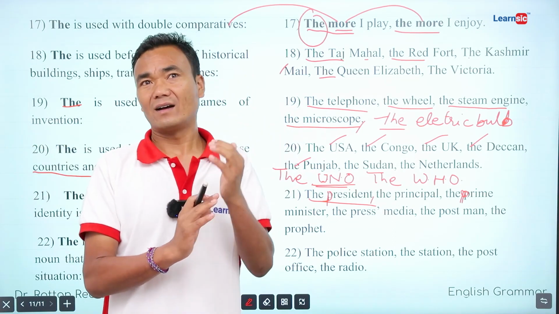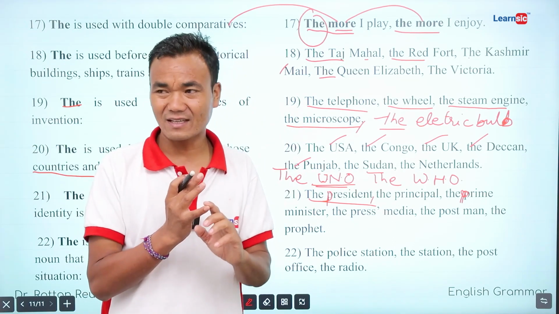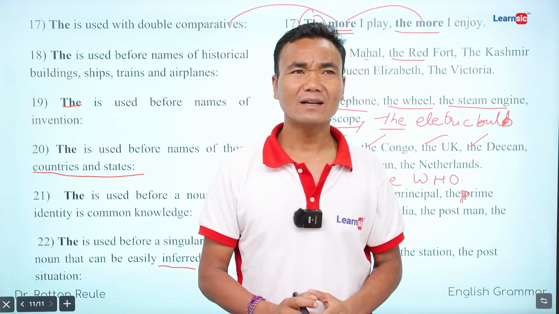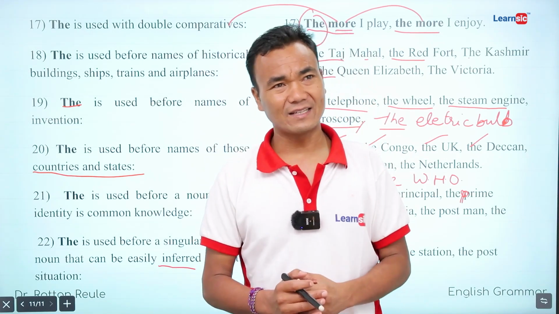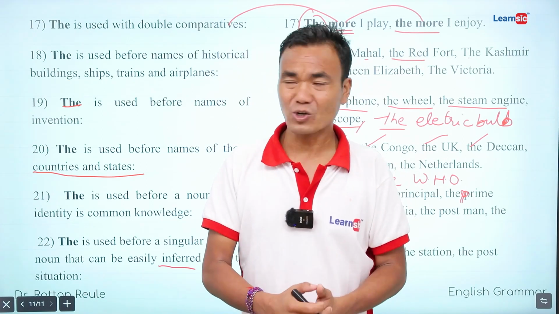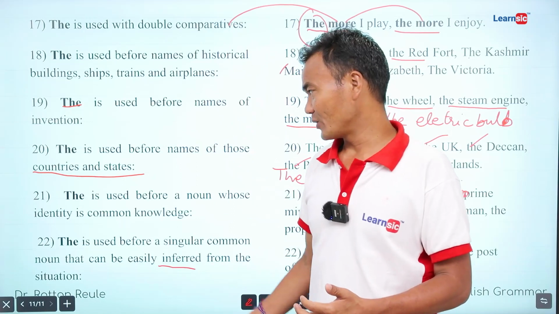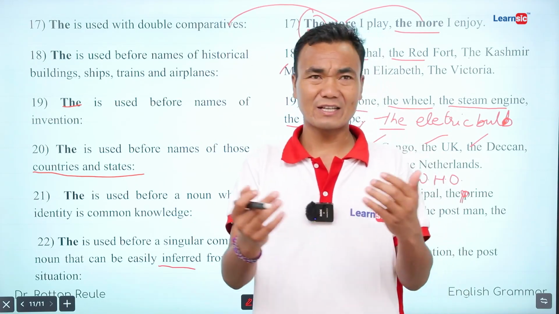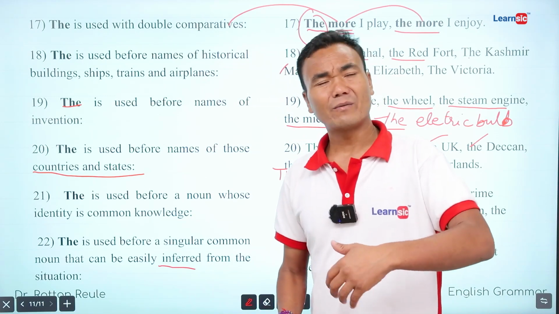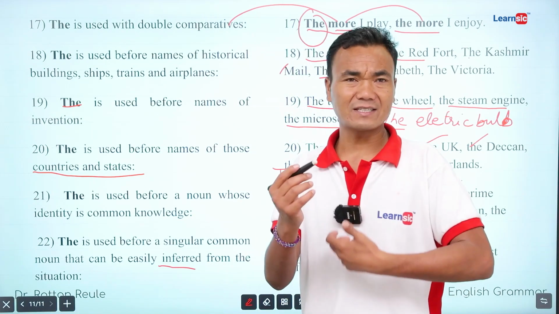If there is a specific sense, a definite sense, a unique sense, and a reference, then "the" can be used. So with that, I'm sure that if you read all the slides yourself, you can come to know the meaning of inferred: when we can easily guess, we can easily understand.